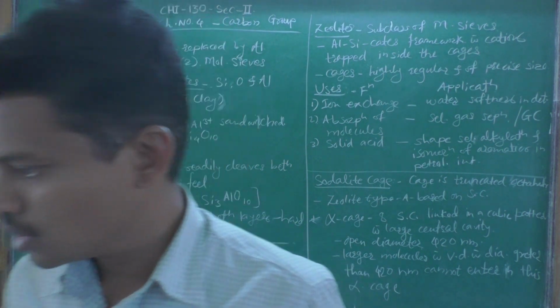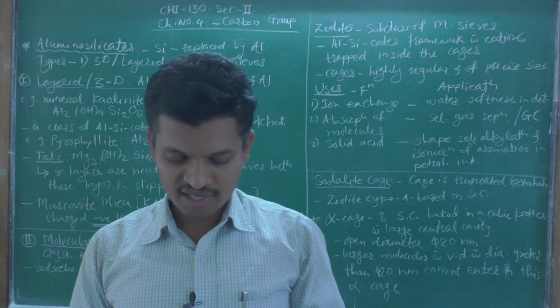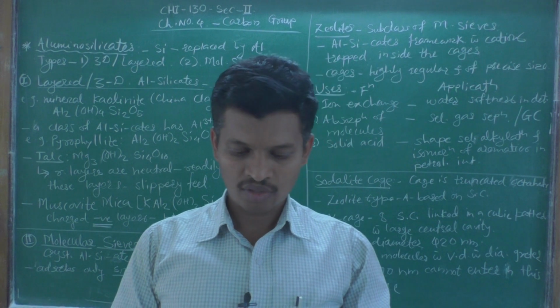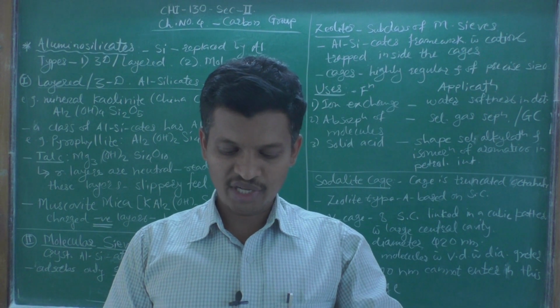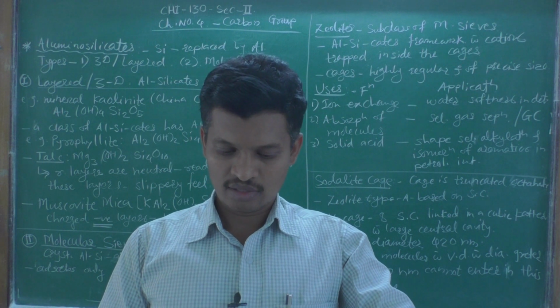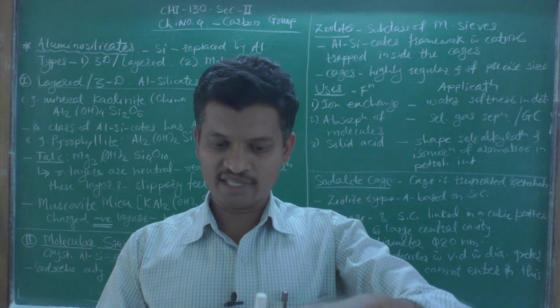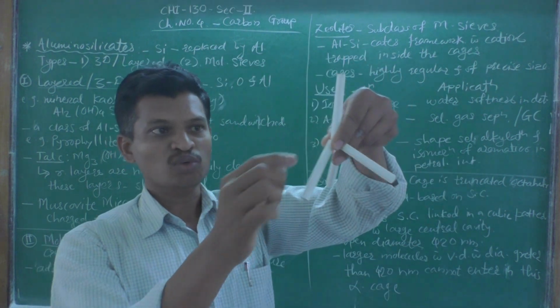Now, we can imagine how these silicates can be arranged. I will show you. If these 4 chalks are considered to be the 4 SiO bonds, then the structure could be like this.